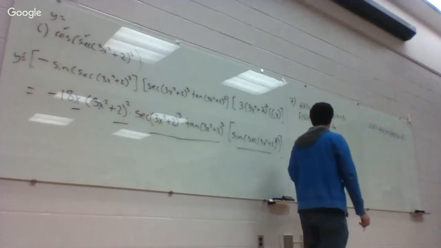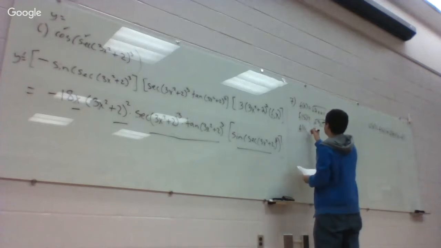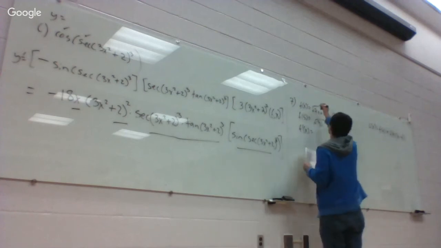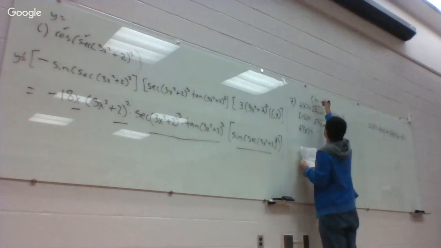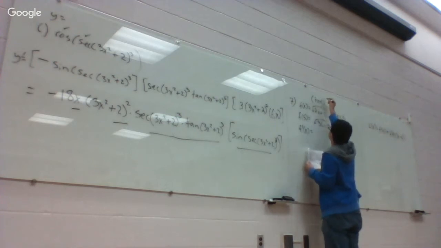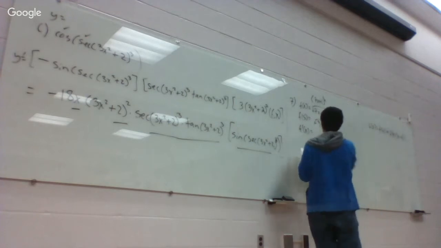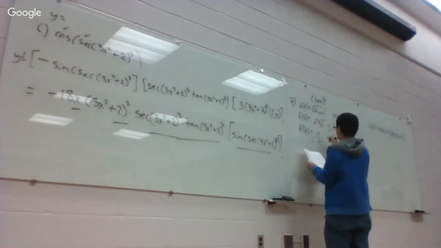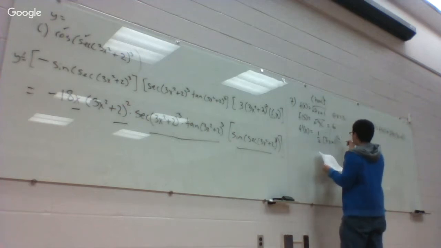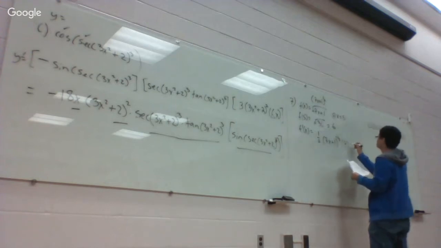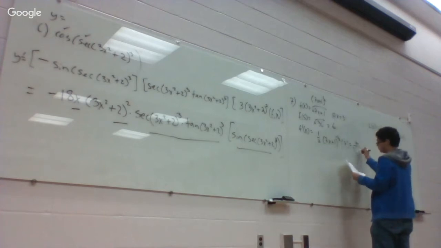Okay? F prime of x. That means we need to take the derivative. This can be rewritten as 7x plus 1 to the 1/2, which makes the derivative 1/2 times 7x plus 1 to the negative 1/2 times 7, which can be rewritten as 7 over 2 times the square root of 7x plus 1.